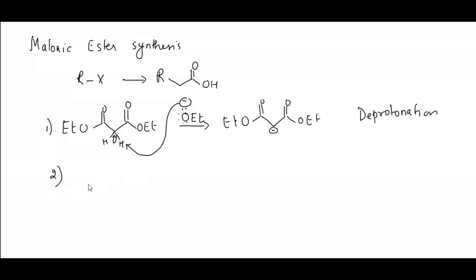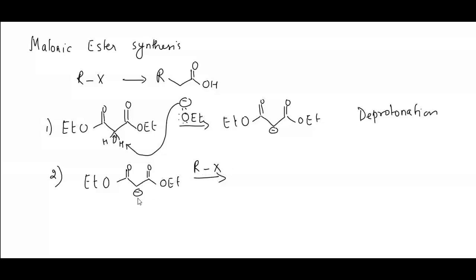Now you can treat the enolate that you created in the first step with an alkyl halide, and this will be an SN2 type of reaction. So I have an alkyl halide here, RX.